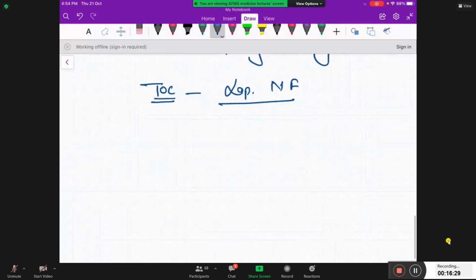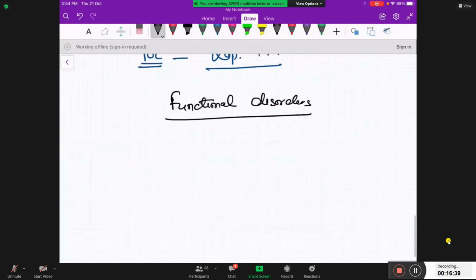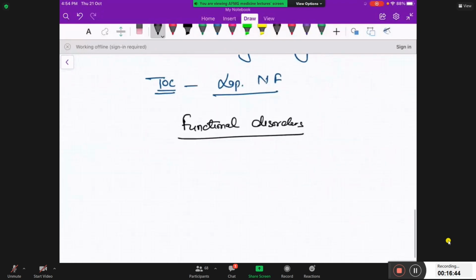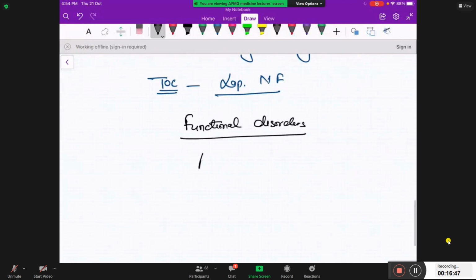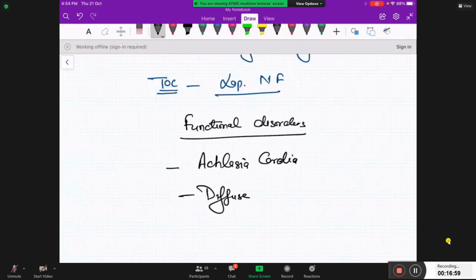Now, then comes the functional disorders of the esophagus. Now, can you enumerate the various functional disorders of the esophagus if you know? Achalasia cardia, very good. Any other you know? Diffuse esophageal spasm.